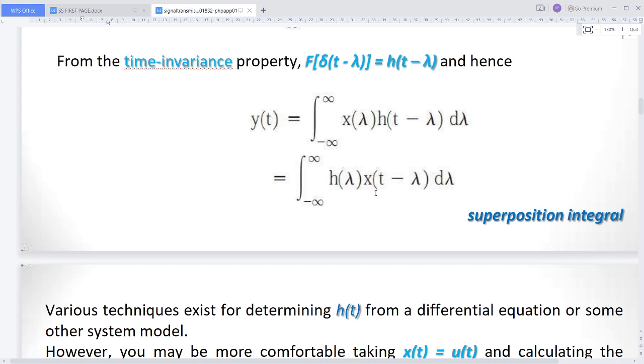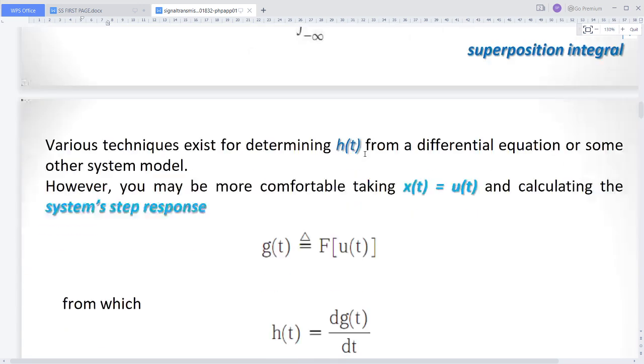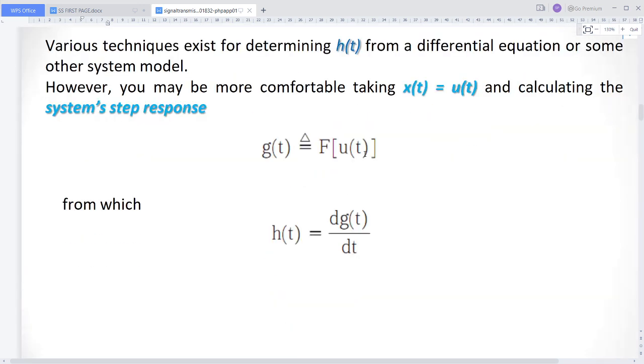This is possible with the convolution theorem, so that we have interchanged the independent variable in the x signal as well as in the impulse response of the time invariant system. Then various techniques exist for determining the h of t.